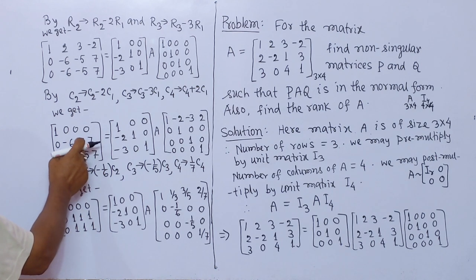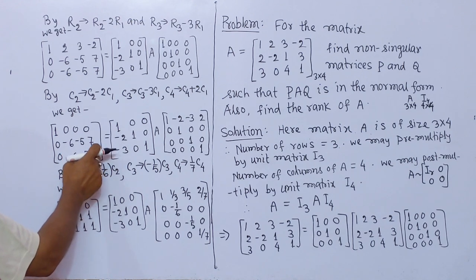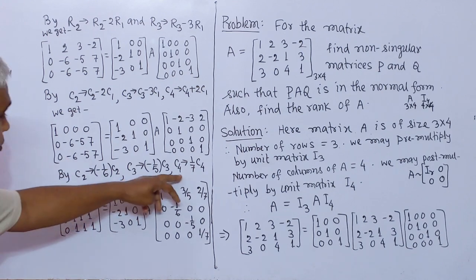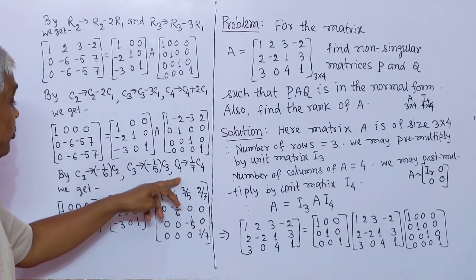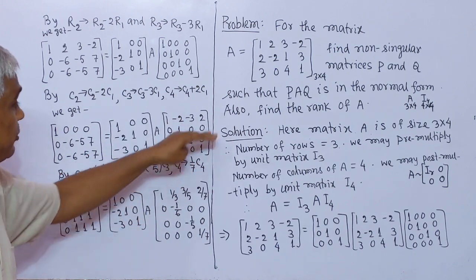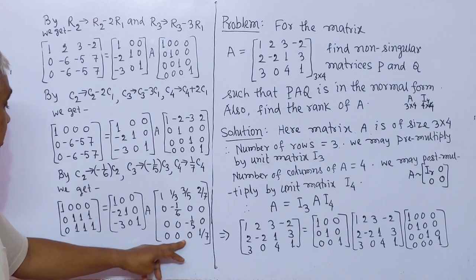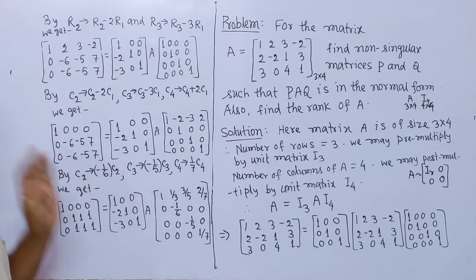Similarly here we multiply minus 1 by 5, and similarly here we multiply 1 by 7 and we will get this. This is the elementary column transformation. So we will perform this transformation in the post multiplication matrix, and we will get this result, and others will remain same.